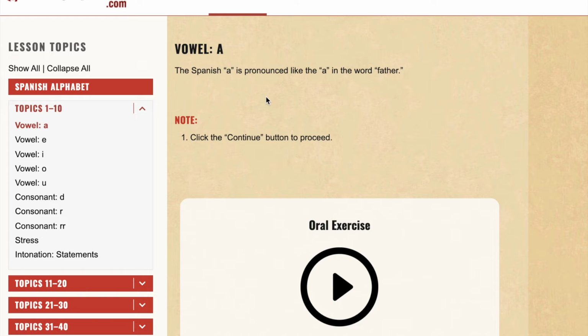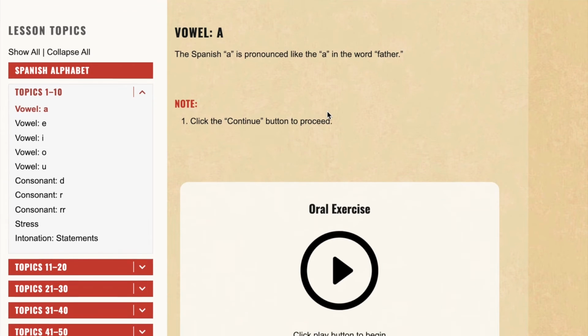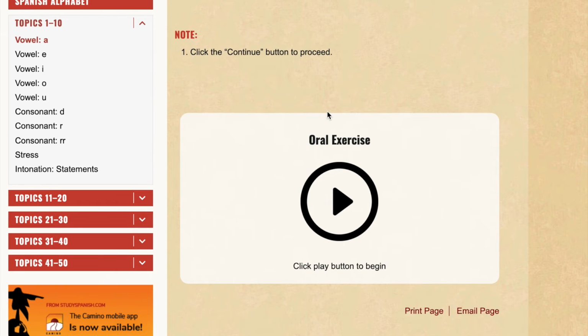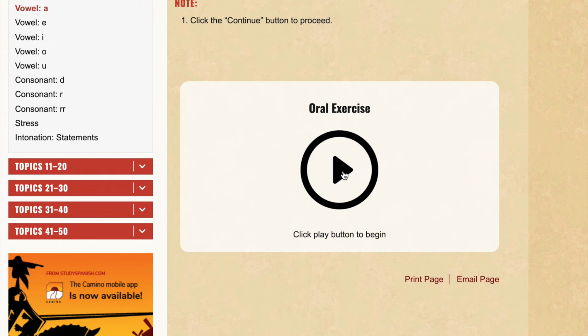All right, so now let's go into the pronunciation, and we have the letter A. This is an oral exercise, so let's see how we do this. You'd have to click or play the button, right?